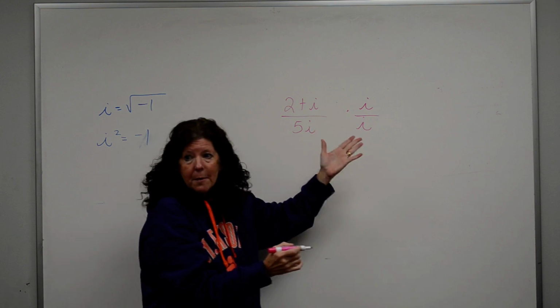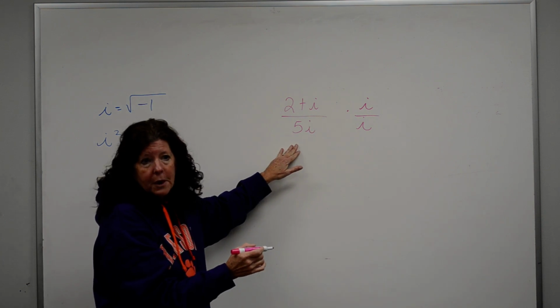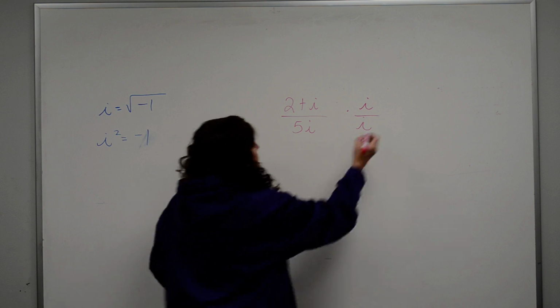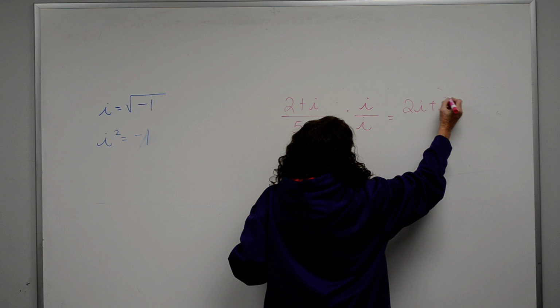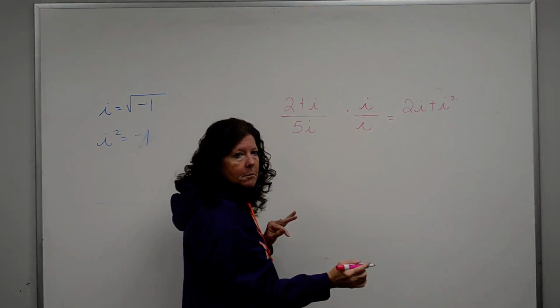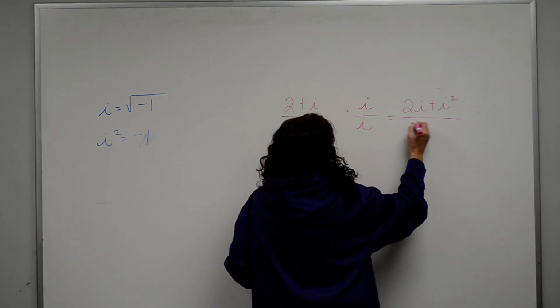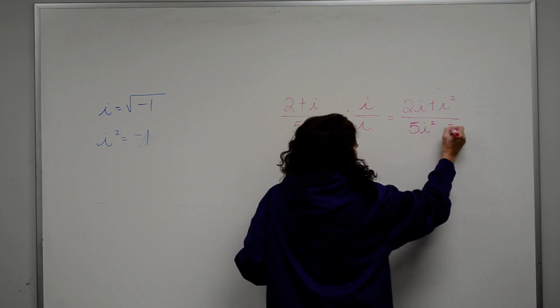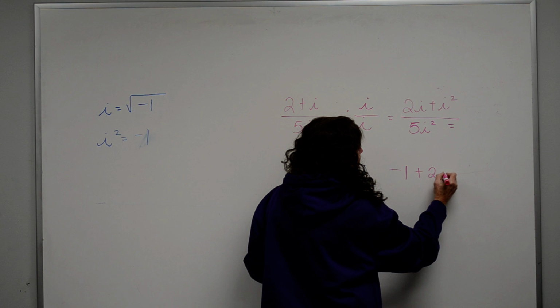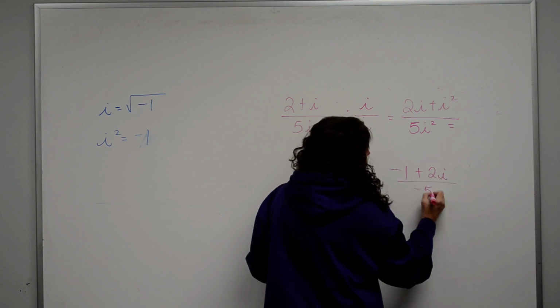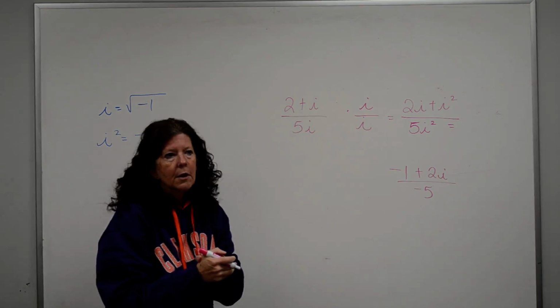So if I just multiply it by i, because I don't have a binomial on the bottom. So then on the top, I'm going to do distributive property. I have 2i plus i squared, right, on the top. On the bottom, I would have 5i squared. So I have a negative 1 plus 2i on the top, and on the bottom, I have negative 5.